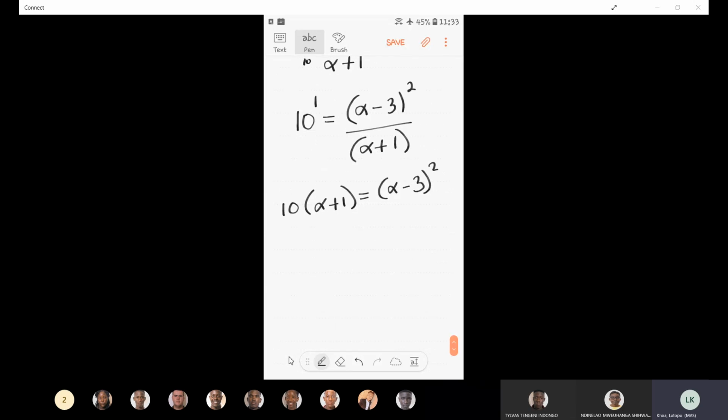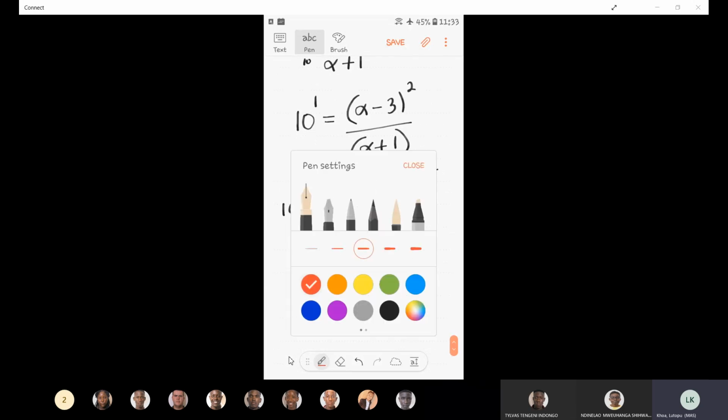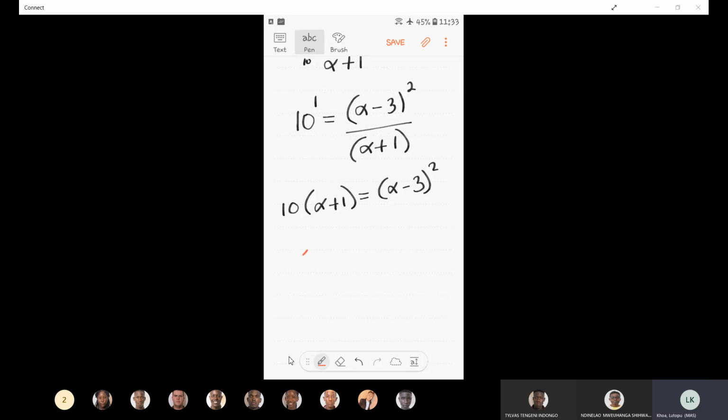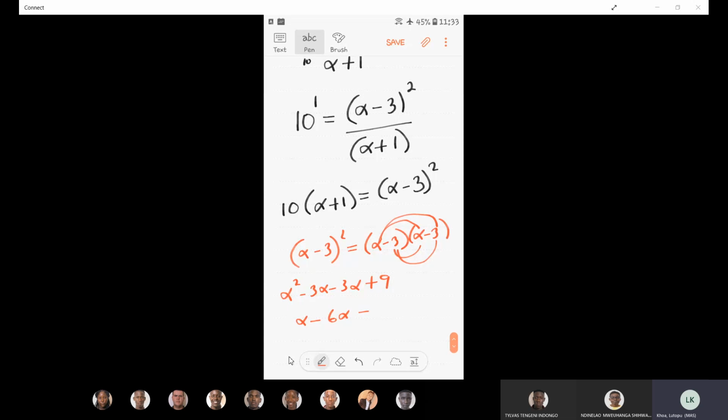And again, let's do our working for alpha minus 3 squared. Now alpha minus 3 squared, this is just alpha minus 3 times alpha minus 3. So multiply out the brackets like that. So I have alpha squared minus 3 alpha minus 3 alpha plus 9. This is alpha squared minus 6 alpha plus 9.